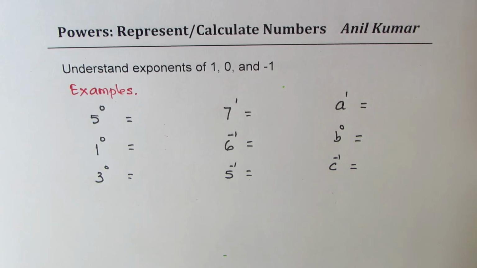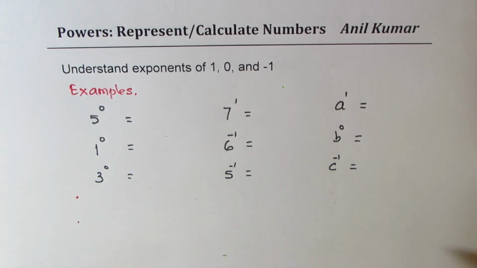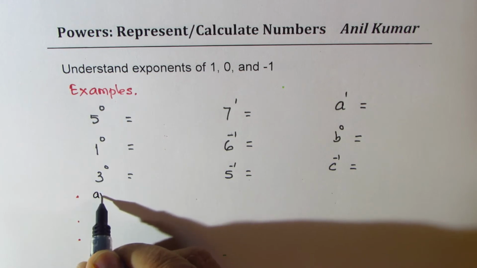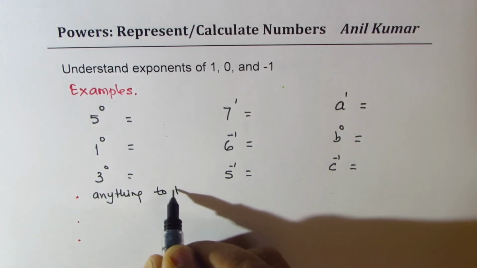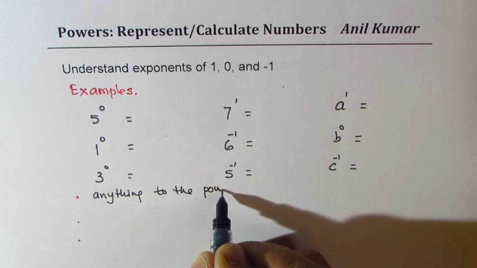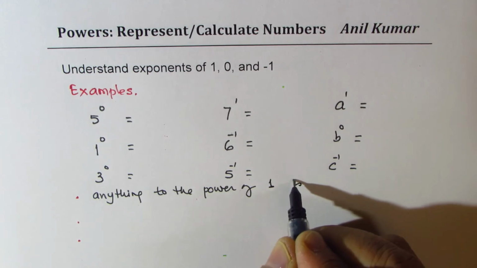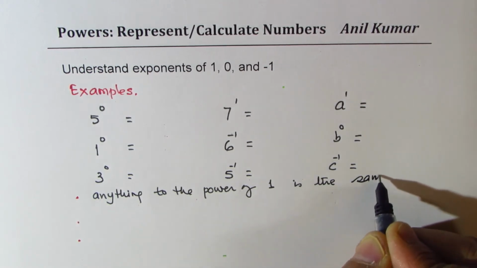Right? So what you have learned here is three things. And these three things are: anything to the power of 1 is the same thing.